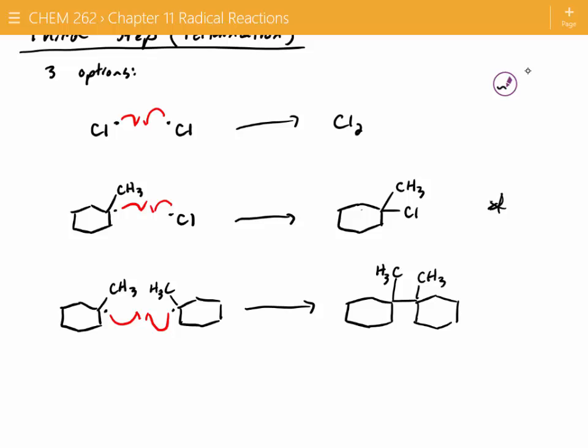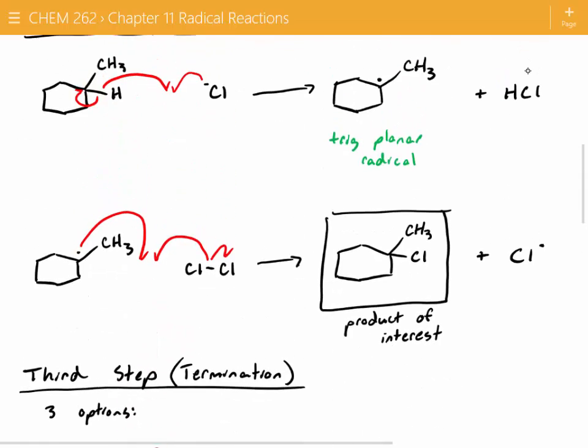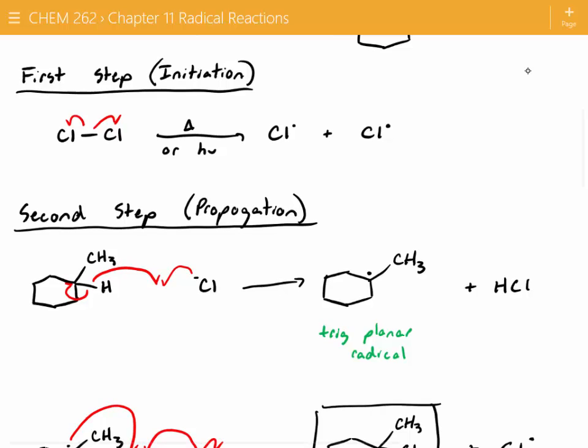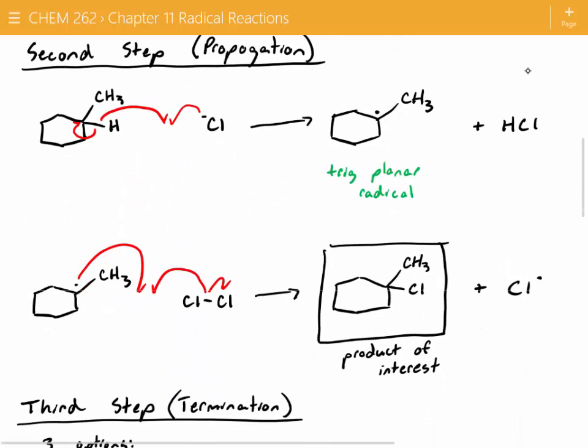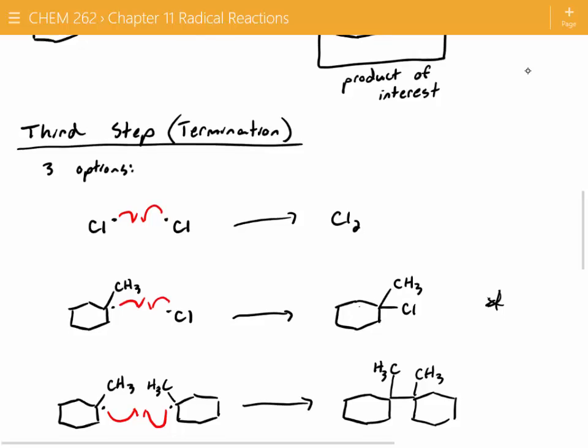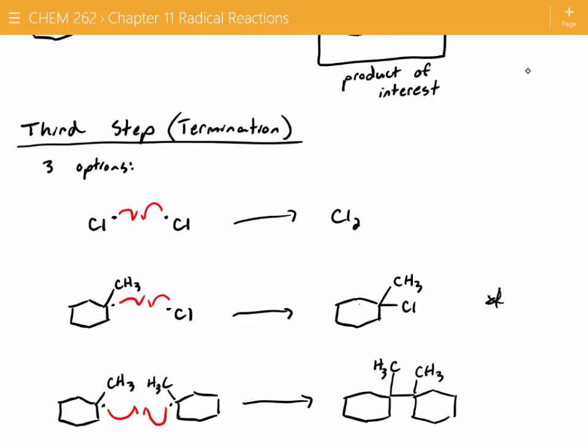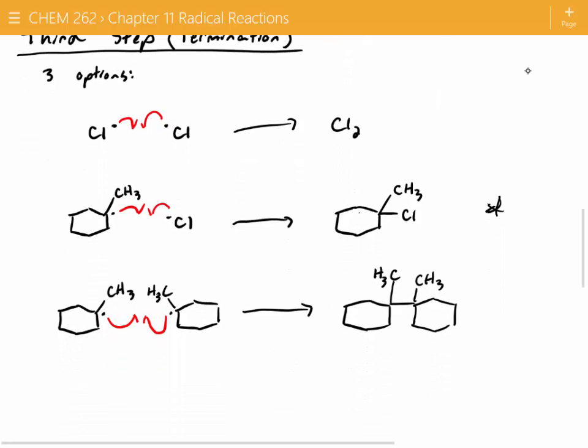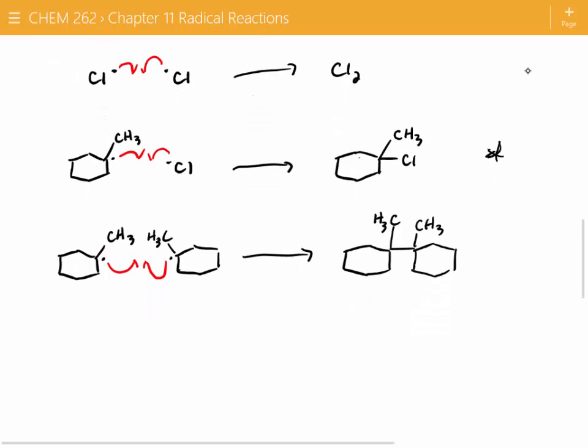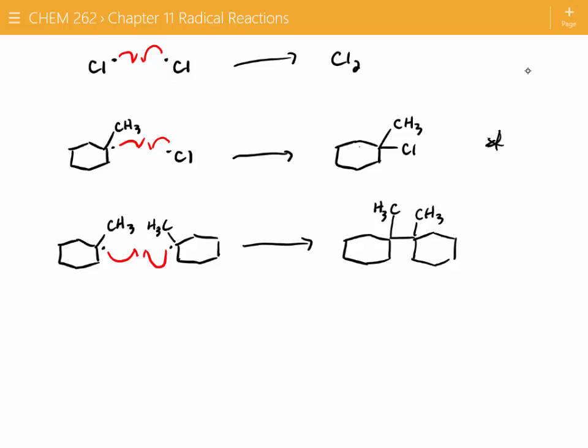Most people don't care. The bulk of the mechanism is in that initiation step where we're cleaving the chlorine, and then the second step where we're propagating it and then getting our product of interest. The thing is, we're not quite done. Kind of like we're not done when we have a last deprotonation step. We have to show that last deprotonation, just like we have to show termination of a radical. And somebody brought this up earlier, and they said, well, what if there's excess chlorine around?